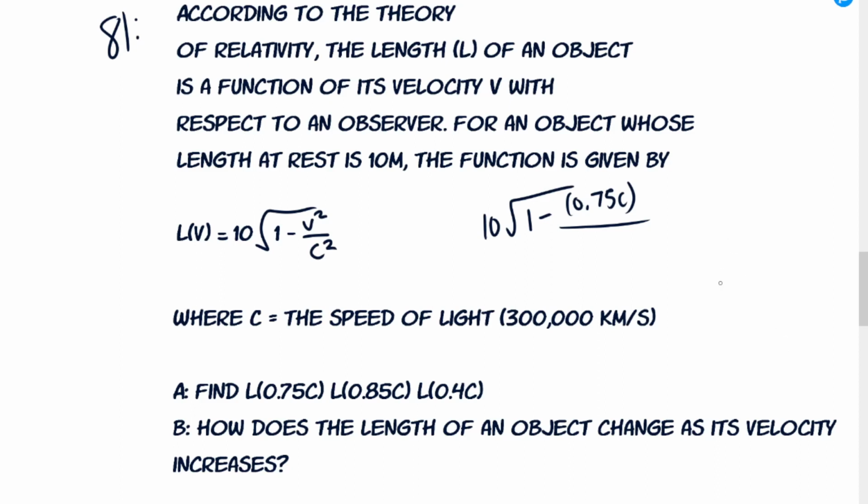Okay, so for L of 0.75 C, that will be equal to 6.6. For the C, you definitely do want to plug in the 300,000 kilometers per second. And then for the 0.85, that's easy once you have the original. You can just replace the 75 with the 85.